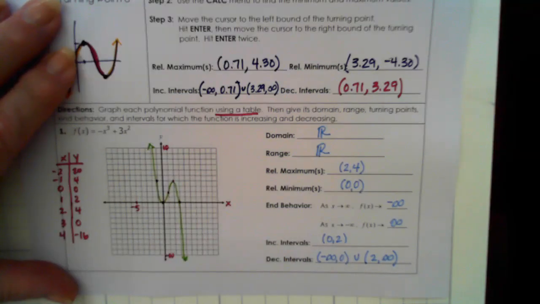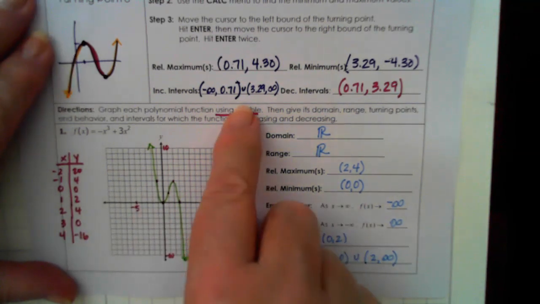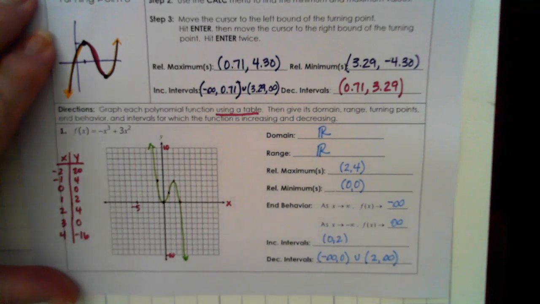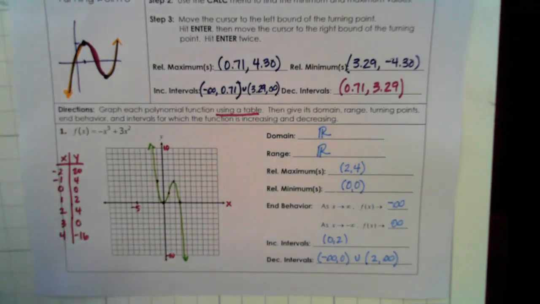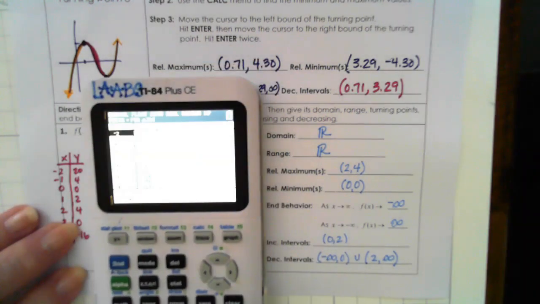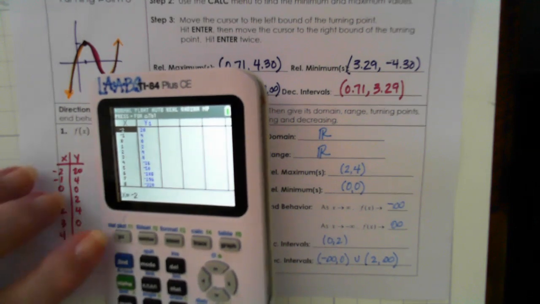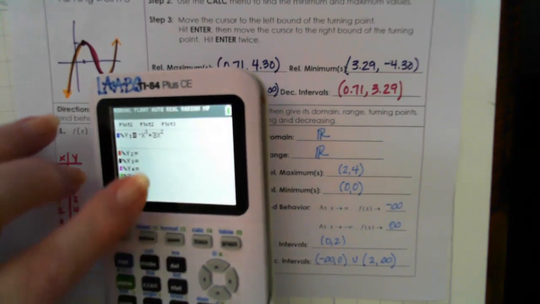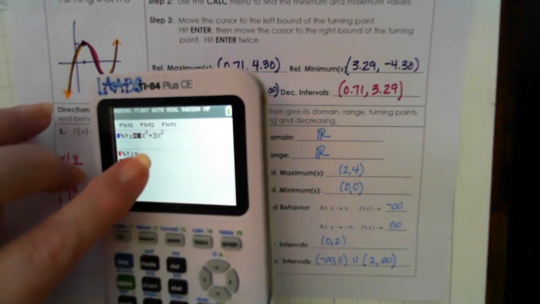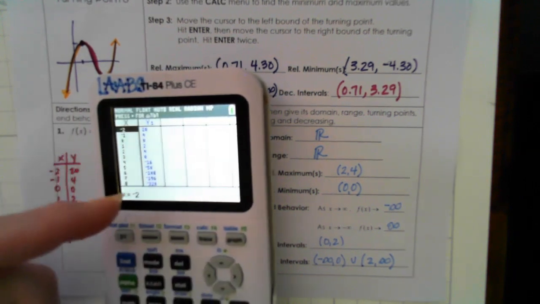Okay. So hopefully you were able to do the graphing here. It said to use a table, so I have a table here, but when it says use a table, you're still also using your calculator. So I put it into my calculator and went to the table feature on my calculator. How did I do that? Well, I put in the equation editor, I put in the function, and then all I did was I went blue table, and there's the table there.